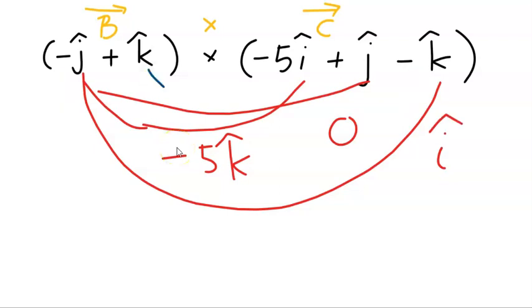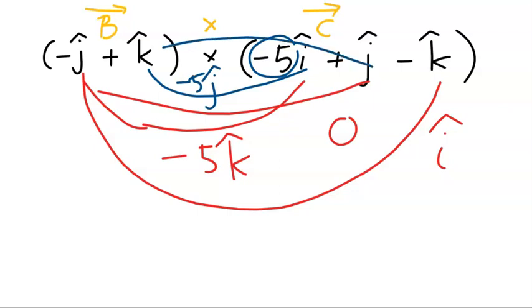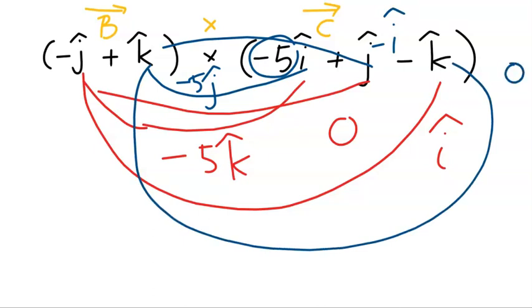Finally, k hat and i hat, that's going to be j hat, but there is a minus 5, so it's minus 5j hat. k hat and j hat, so that's minus i hat. And followed by k and k, that is quite simply 0.